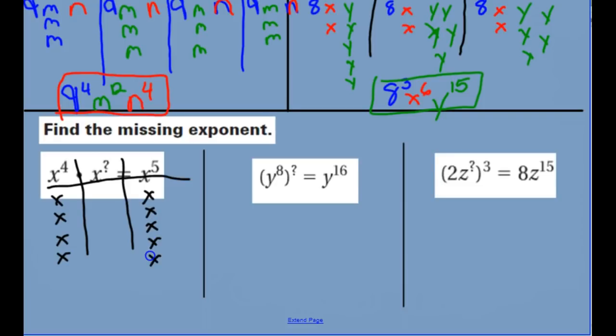So what we need to do is figure out how many more we have once we subtract the 4 from the 5. So we can get rid of 1, 2, 3, and 4, but that's all we can get rid of. Now what we have left is x, so this is going to be 1x. So we can just write x or x to the power of 1. It doesn't matter.